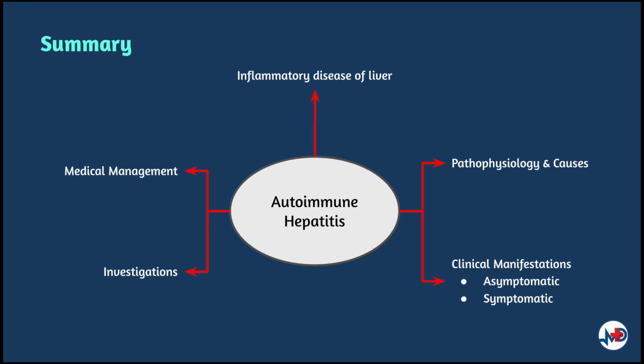Clinical manifestations depend on the stage of the disease. They may be asymptomatic in the initial stage or become symptomatic in later stages. Investigations are aimed at diagnosing liver inflammation and its potential causes. And for management, steroids and azathioprine are prescribed, and those who have decompensated liver disease will require liver transplant.